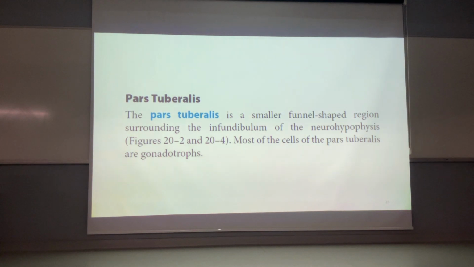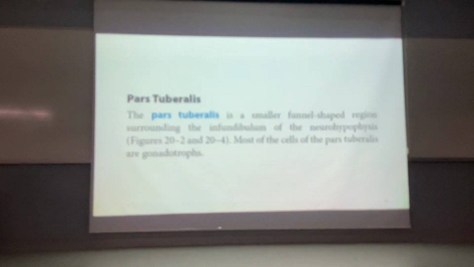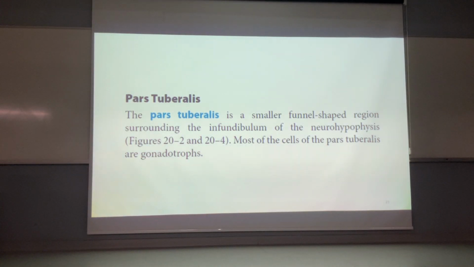In the pars tuberalis, again, we have the same structures, but generally we have gonadotropin secreting cells.